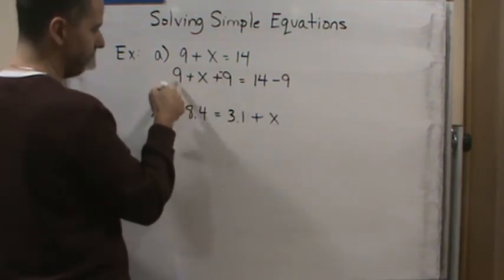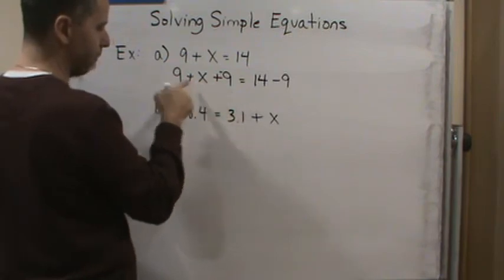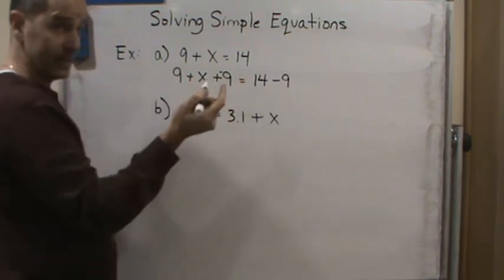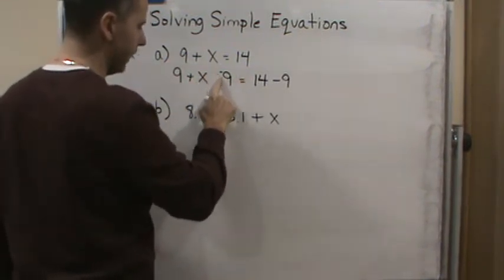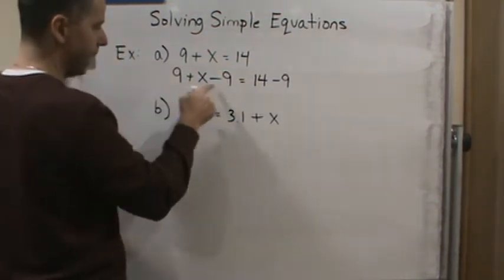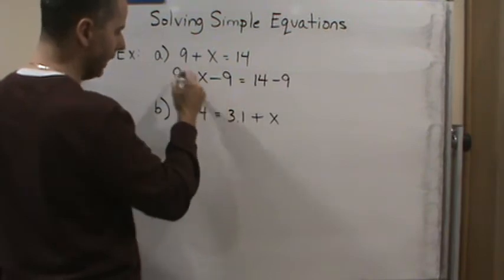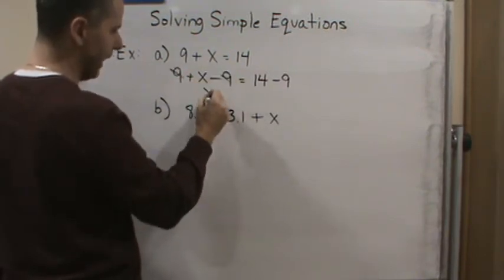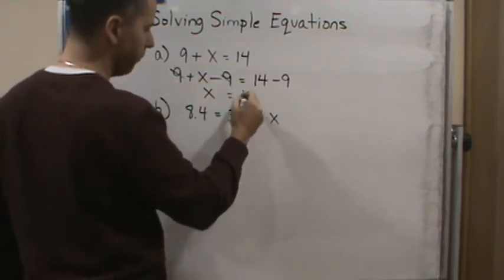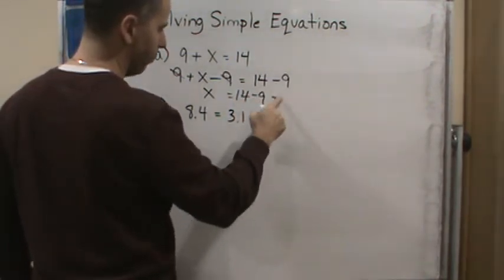If I combine the 9 with the negative 9, 9 plus negative 9 is 0, or in other words, 9 minus 9 is 0. So over here, this cancels with this, and I get x equals 14 minus 9.